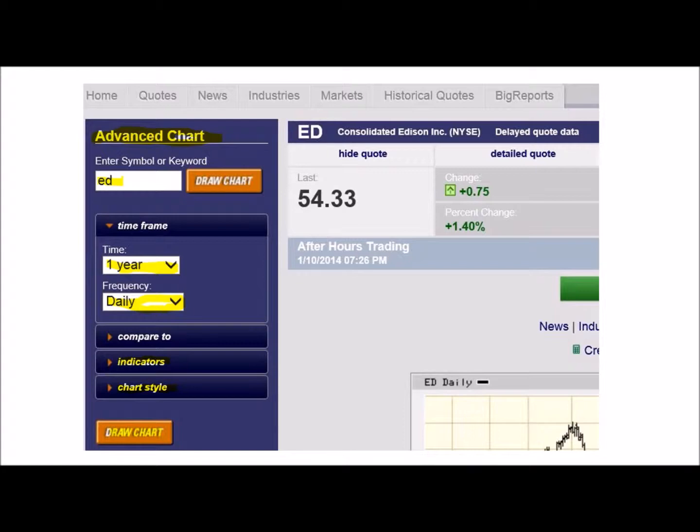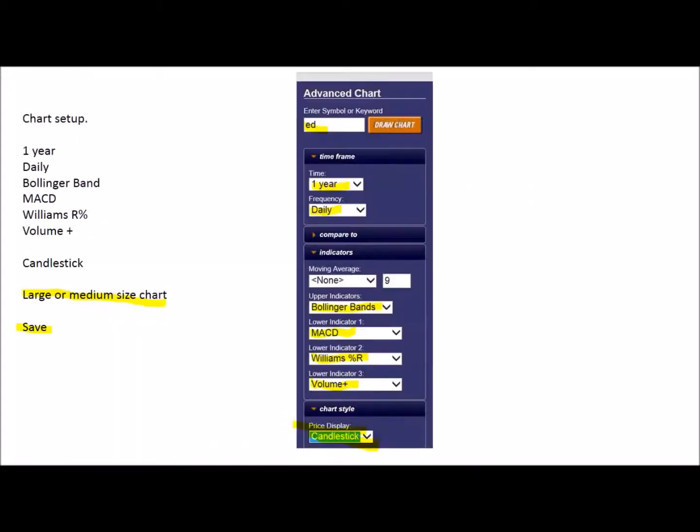So you've already got ED and 1 year and daily, but you now have to go into the upper indicators and put Bollinger Band, lower indicator 1, MACD, lower indicator 2, Williams %R, and I always put in the volume plus, but you don't really need that, but it's nice to have.